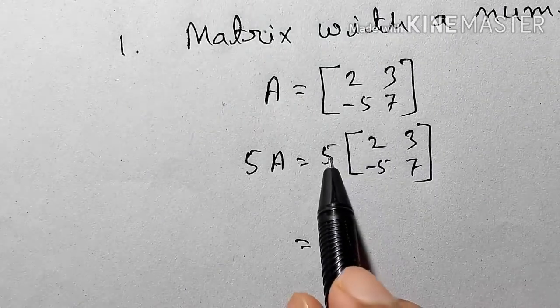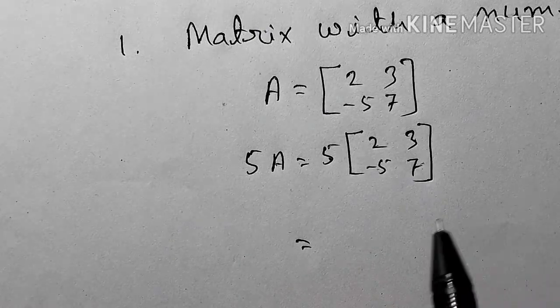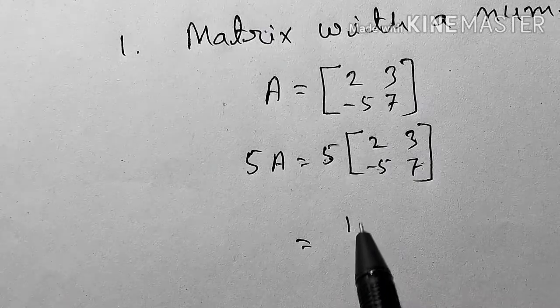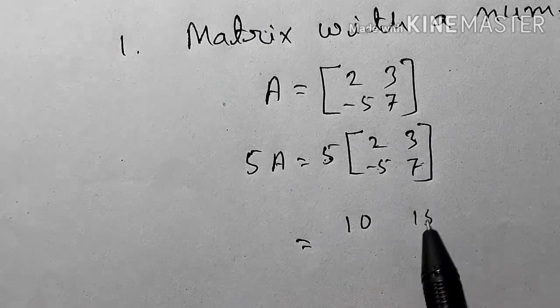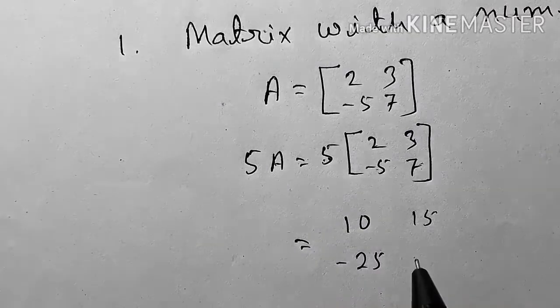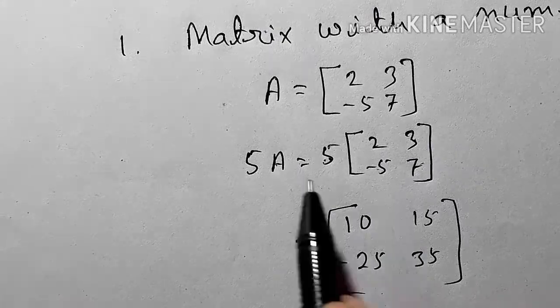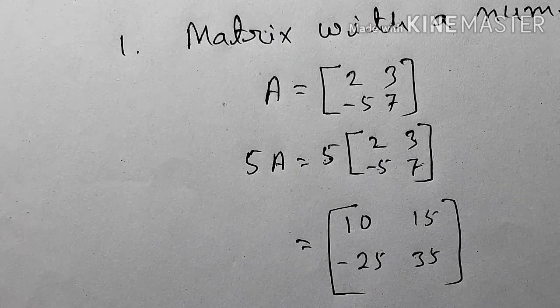Next, 5 is to be multiplied with all the elements. 5 2s are 10, 5 3s are 15, 5 minus 5s are minus 25, and 35. This is the product of the multiplication.